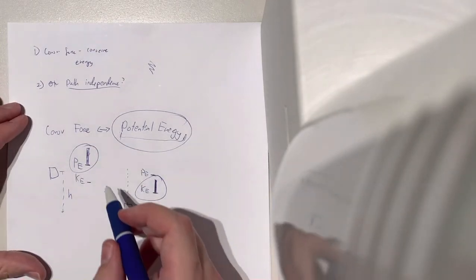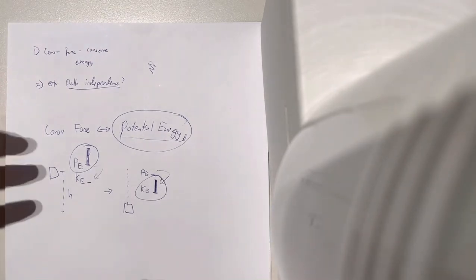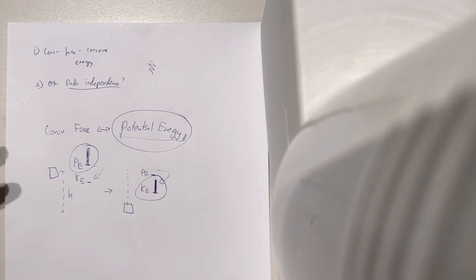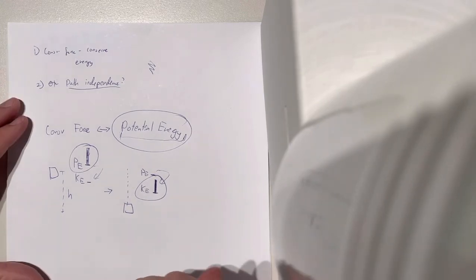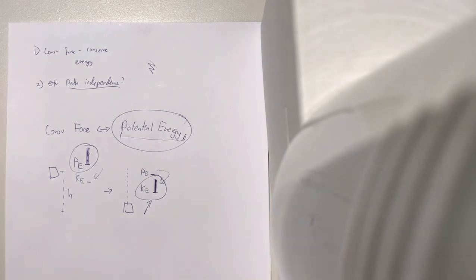In fact, this kinetic energy is equal to the potential energy it had. So in this case, the potential energy was converted to kinetic energy, but that can only be done by the force to which that potential energy is associated. The potential energy can be converted to kinetic energy only via gravity, only by the force due to gravity. That said, this kinetic energy can be altered by any work.